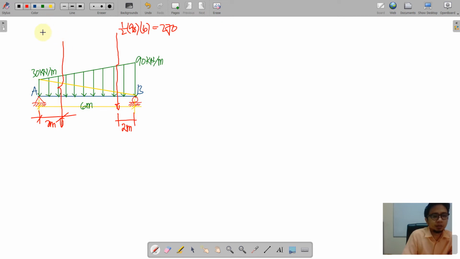Okay, so I'll just apply again the triangle formula, 1 half 30 by 6. I think this is 90. Okay, so we take summation moments along A is equal to 0.